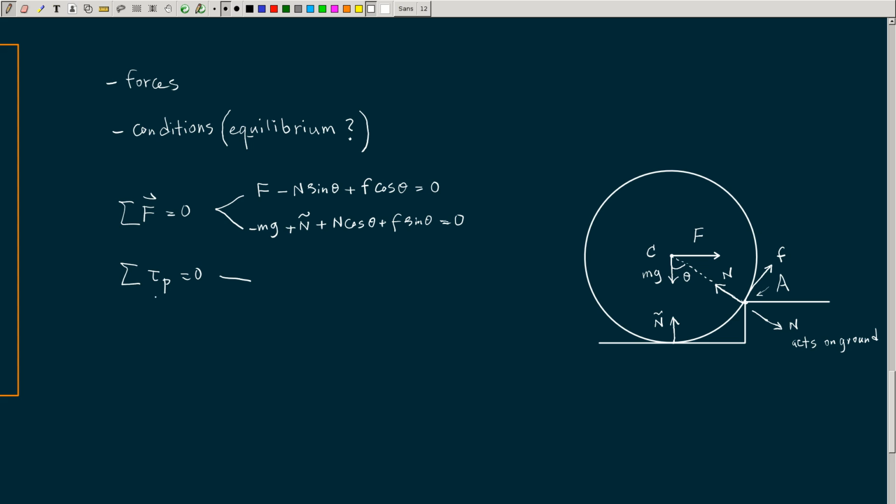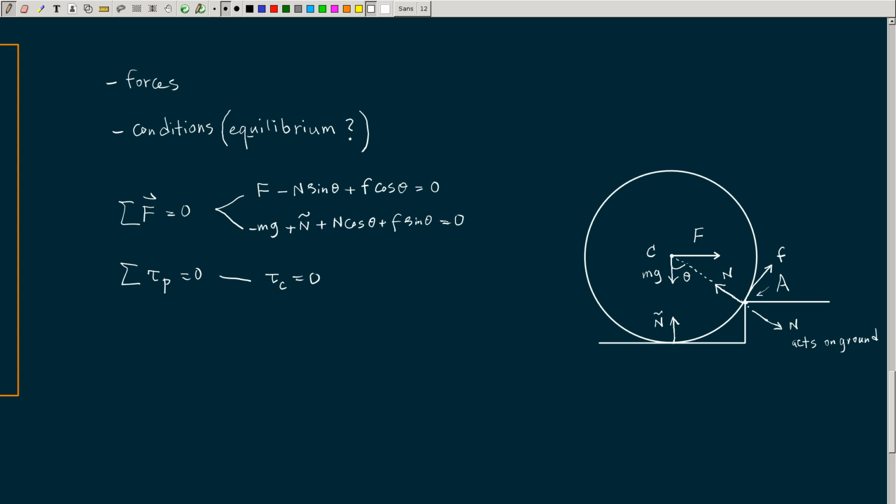Now from here I'm going to make this problem really simple. There's a magical point which is the center of the circle. As one of my students suggested, let's use that point. Tau C is 0. Now you can prove that this F should be 0 really easily, because this mg and F don't have any contribution to tau C because they pass through this point. The lever arm is 0. This N twiddle is passing through this point, again the lever arm is 0. This N is passing through this point.